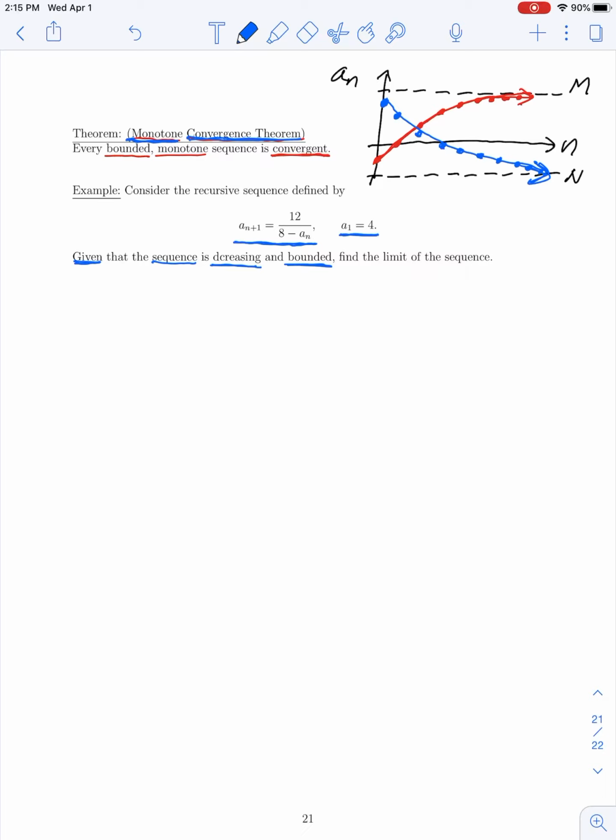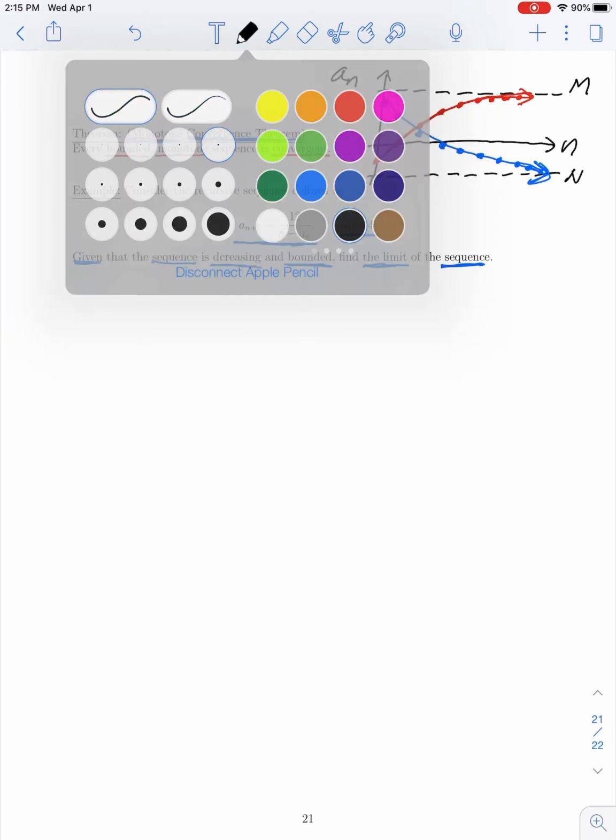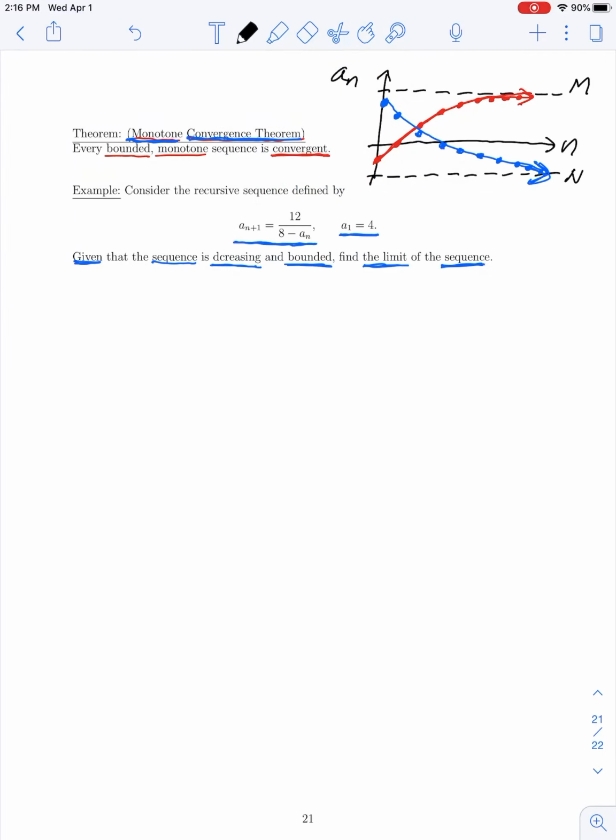Now in this problem, we are given that this sequence is both decreasing and bounded. So it is monotone and bounded, which means that it must converge by the Monotone Convergence Theorem. So the problem is to then find the limit of that sequence. What is the value that it converges to?